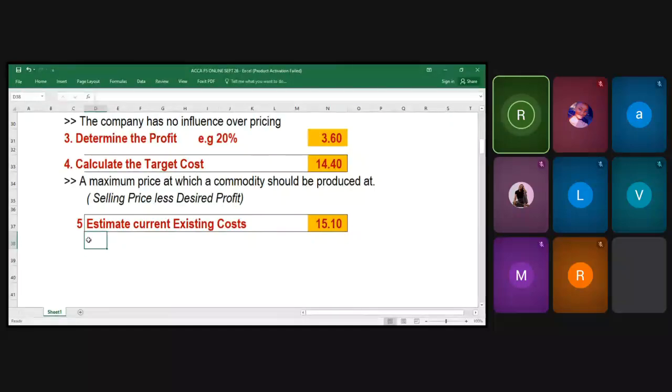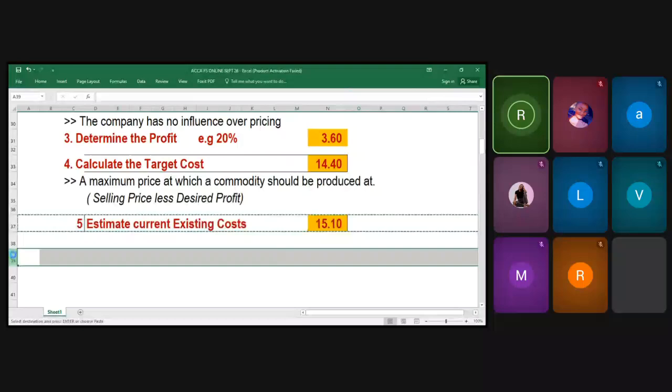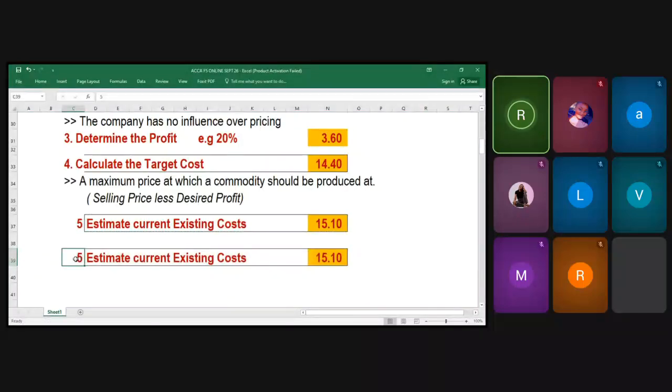So if we are not going to produce, let us quantify the difference. The difference between existing cost and target cost is called the target cost gap. So calculate the target cost gap, or the cost gap here.